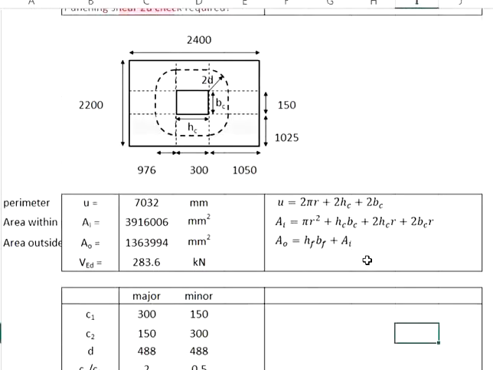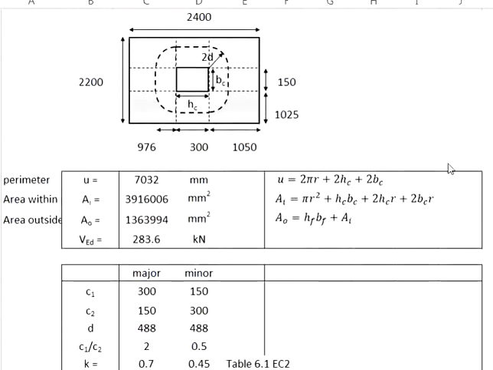Now coming back to this case, your moment is in the major axis. The column side which is parallel to the moment will be your C1. And the column side which is perpendicular to the moment, 150, will be your C2.